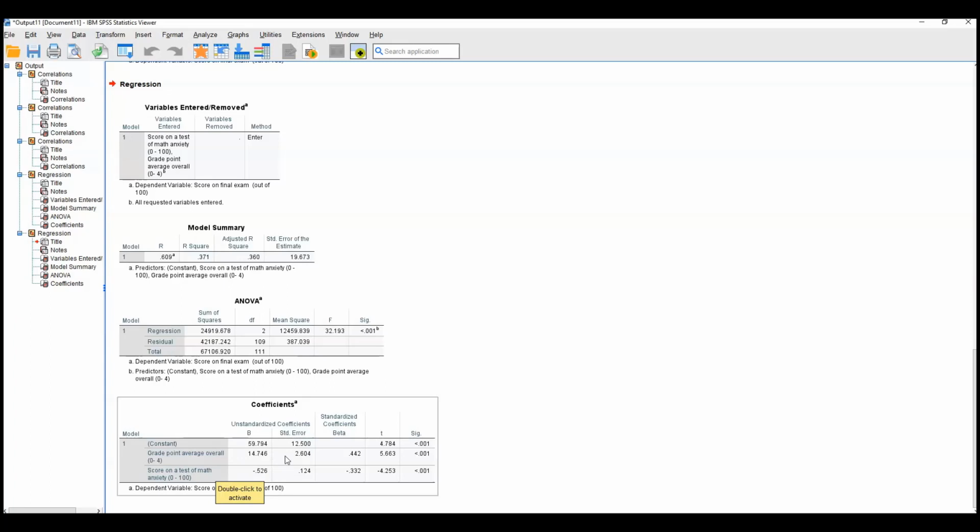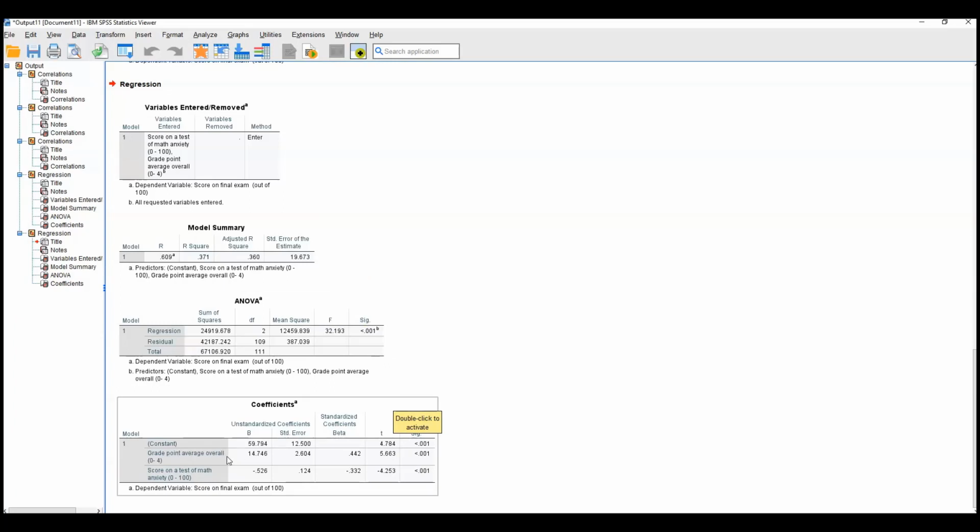We have one for GPA and one for math anxiety. Again, what does this mean? We have 14.746. We come over here. It's a significant predictor. We look down here, score of test on math anxiety, negative 0.526. Significant. So the model overall is significant, and each of these individually is a significant predictor.